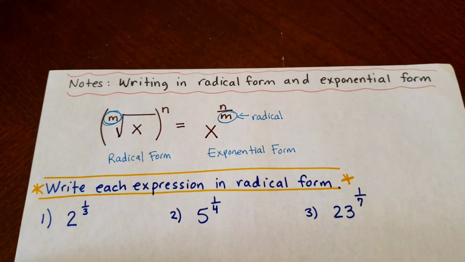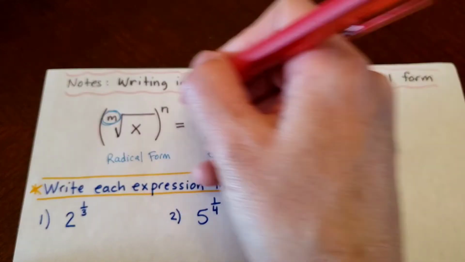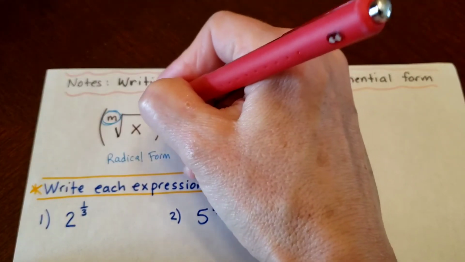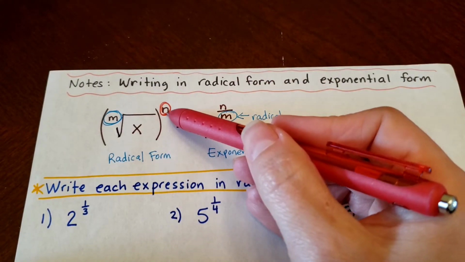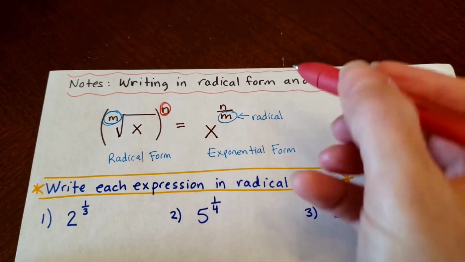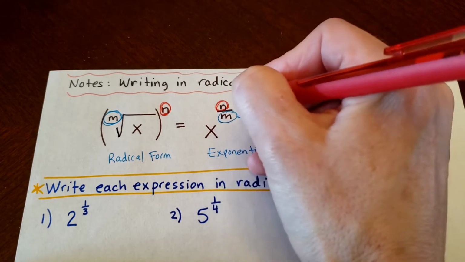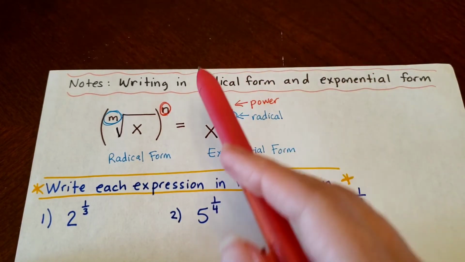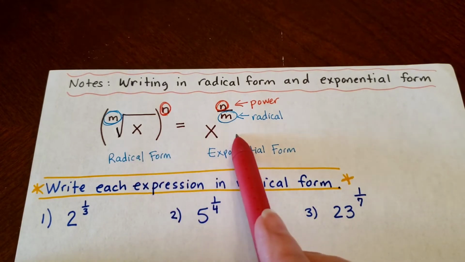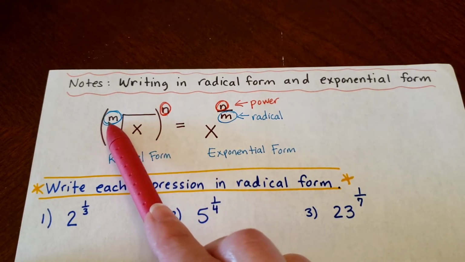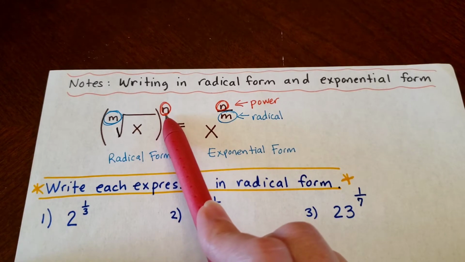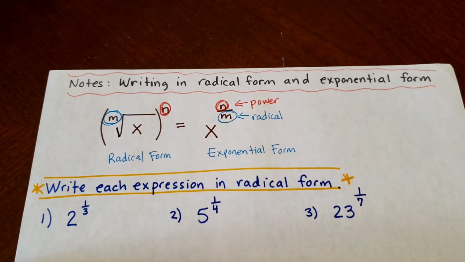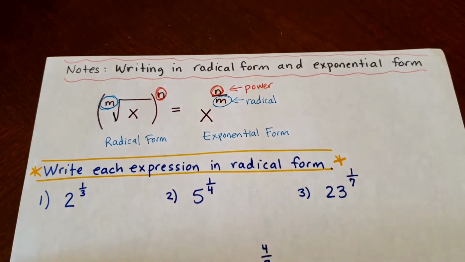And then on the other portion, the n, that's the power that you're basically taking all of this to. That's the same n that's here, and this should be your power. So we're going to go between the two, but again, the m is the number outside the radical, and the n is the power.